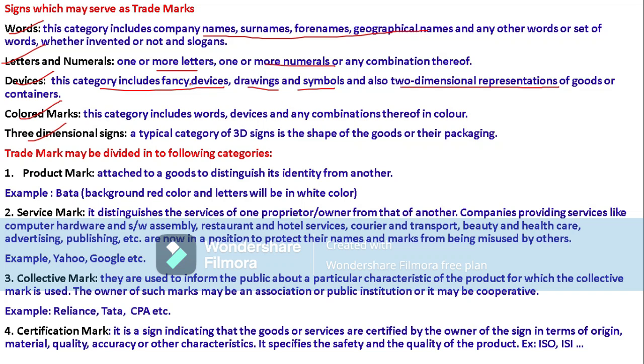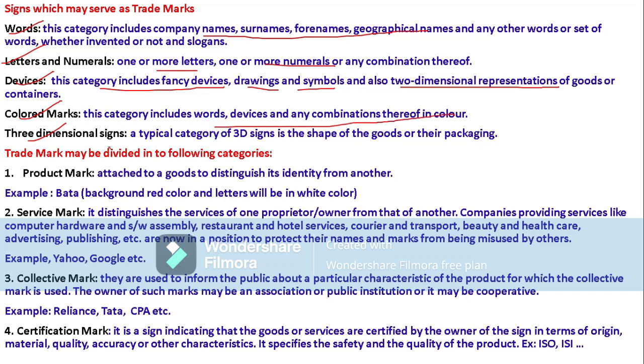Fancy devices are symbols with different colors. Likewise, if we see the Microsoft symbol, it has different colors. Likewise colored marks: this category includes words, devices, and any combinations thereof in color.